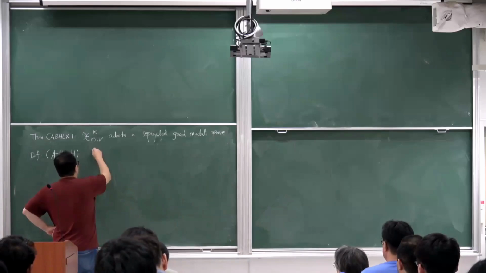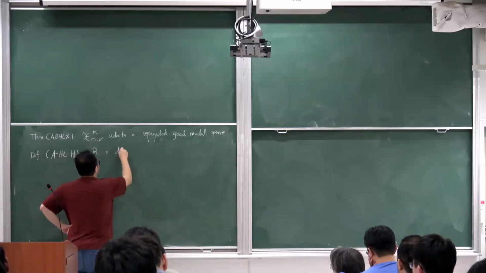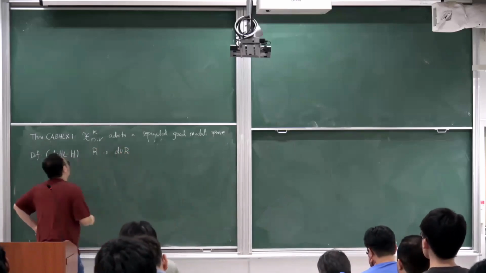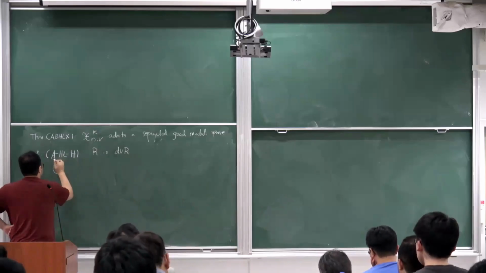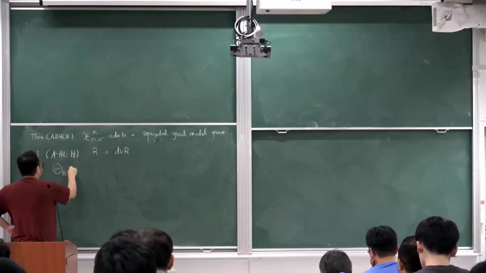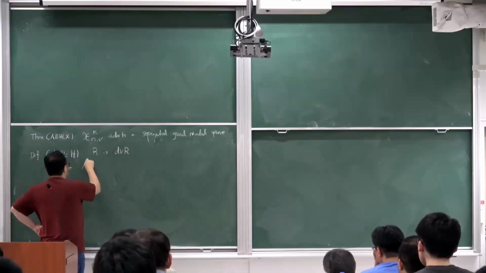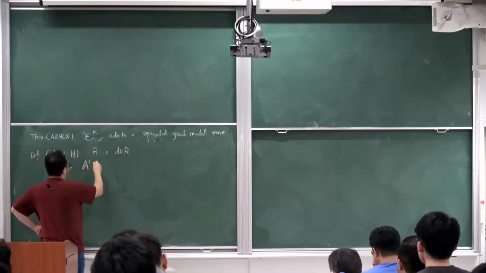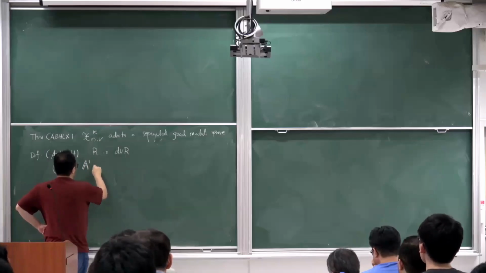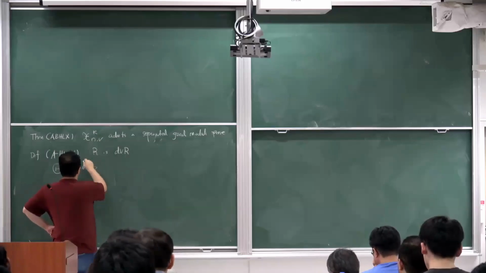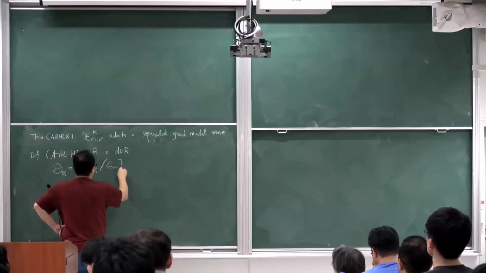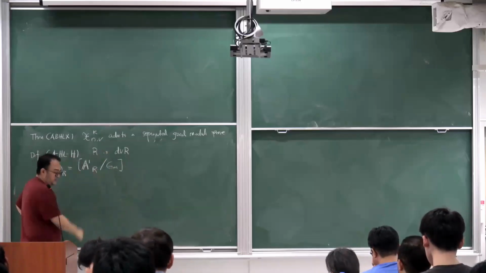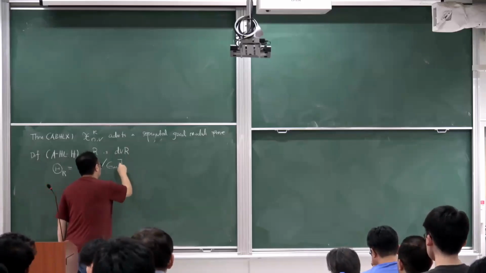Let's say R is a DVR, and we consider the stack Theta_R, which is just A^1_R quotient by G_m, where G_m is G_{m,R}.